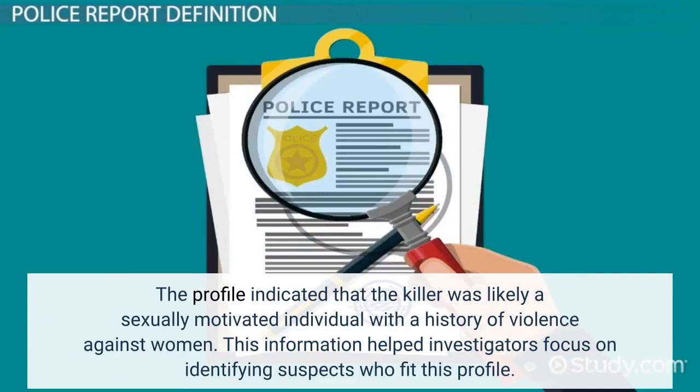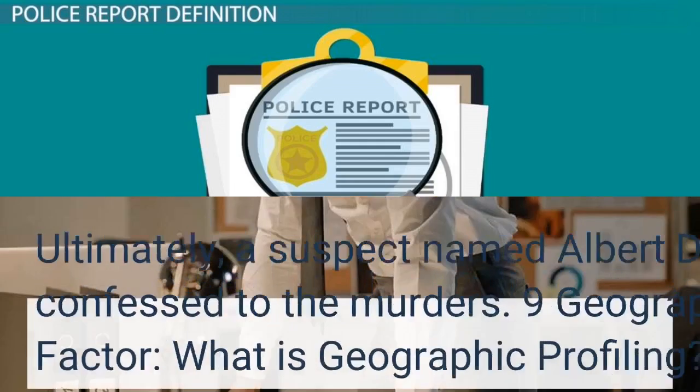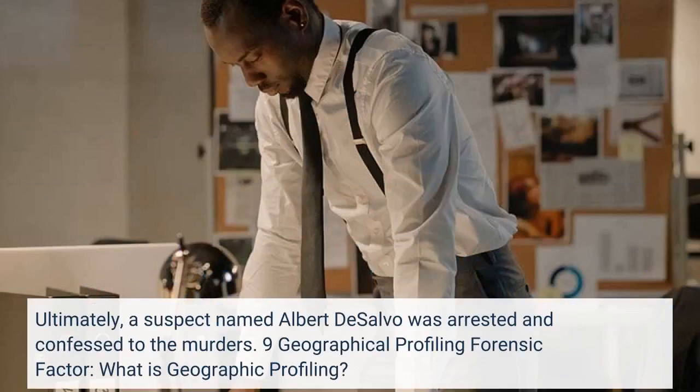The profile indicated that the killer was likely a sexually motivated individual with a history of violence against women. This information helped investigators focus on identifying suspects who fit this profile. Ultimately, a suspect named Albert DeSalvo was arrested and confessed to the murders.